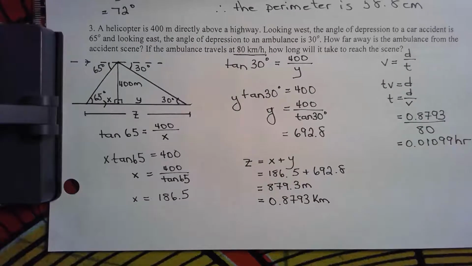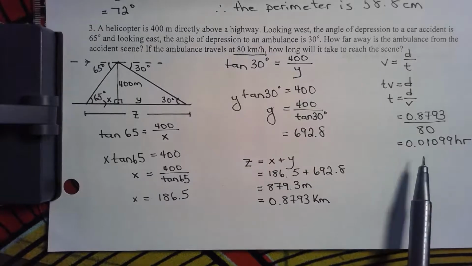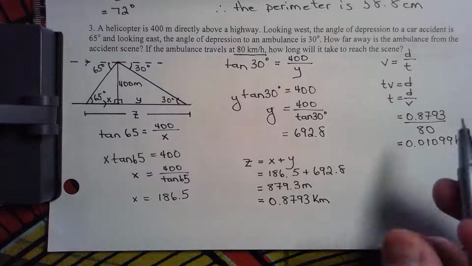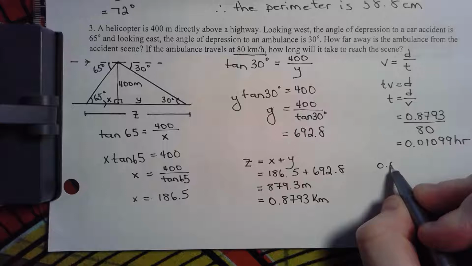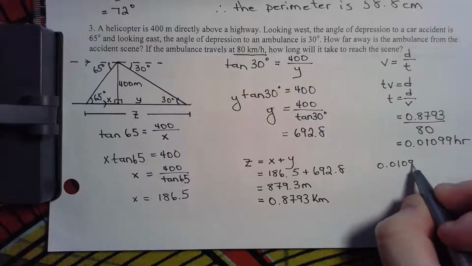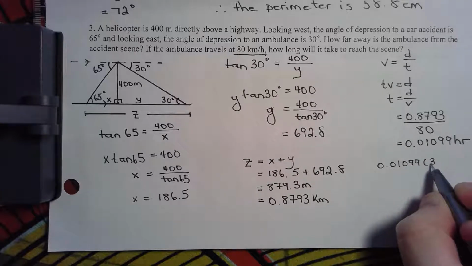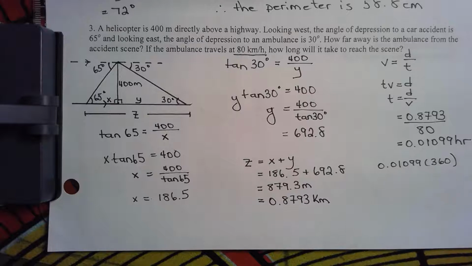So if I take that and I want to convert it, well, I know there's 60 minutes in an hour, and I know there's 60 seconds in a minute. So I'm going to take that and convert it to seconds. So I'm going to do 0.01099. I'm going to multiply it by 3600 to figure out what that is in seconds.